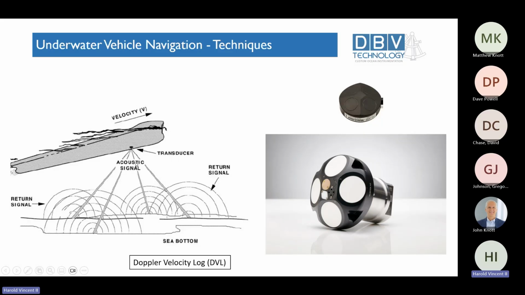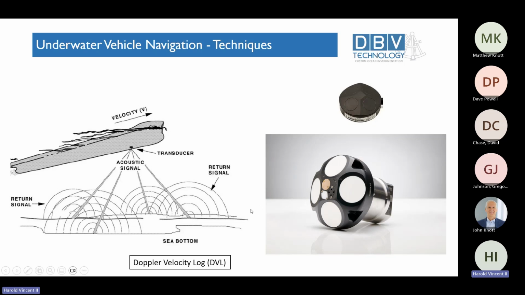If you're moving forward, the forward beam would have an upward shift in the Doppler frequency, and the aft beam would have a downshift in frequency. Same thing for port and starboard. So you're able to determine your velocity over ground using this device.